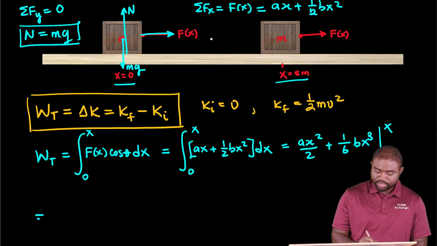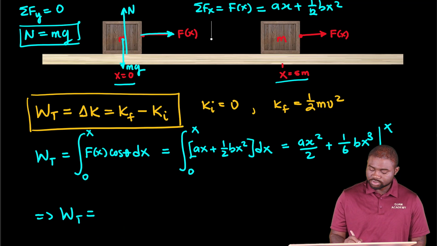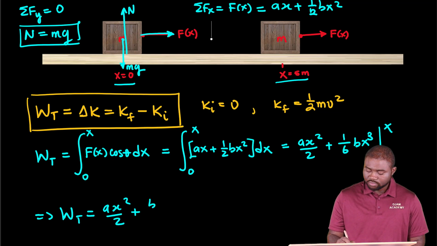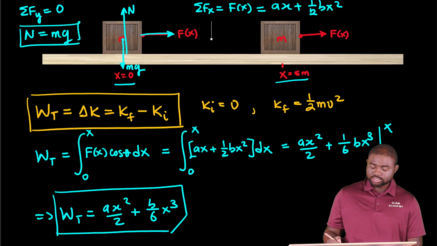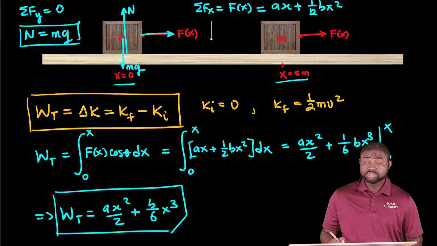This would imply that W total will be equal to Ax squared over 2 plus B over 6 x cubed. This is the net work done on the block as a function of position x. All we now have to do is substitute the values.